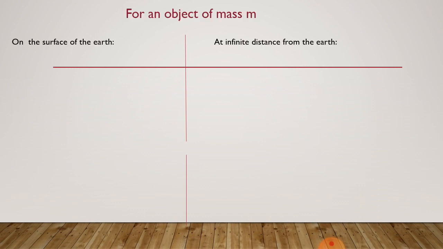Now we are going to see some equations. Consider an object of mass m, one at the surface of the earth and one at an infinite distance from the earth. Infinite means a very big height from the surface of the earth.